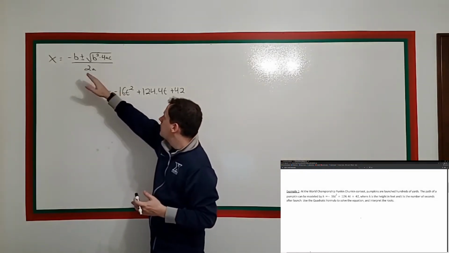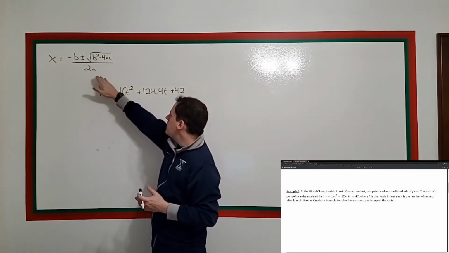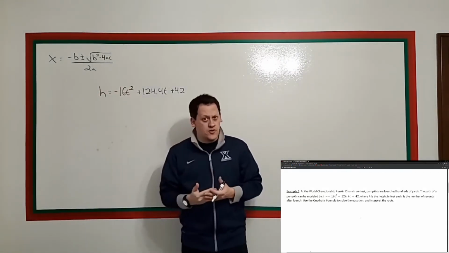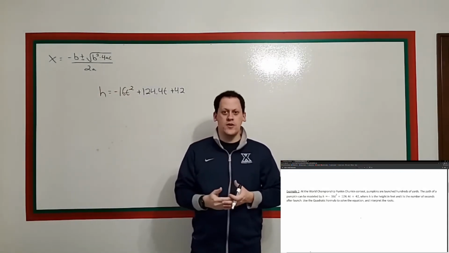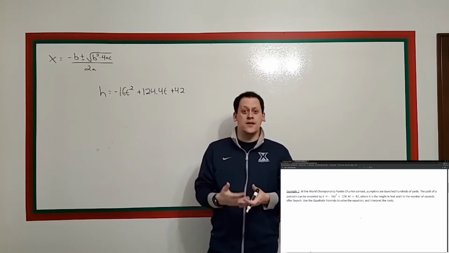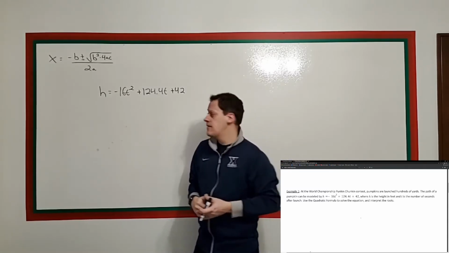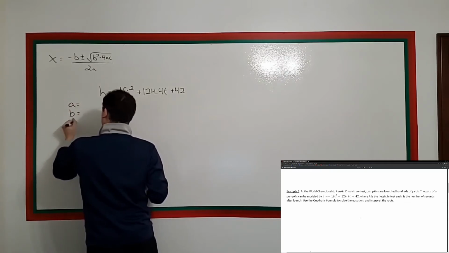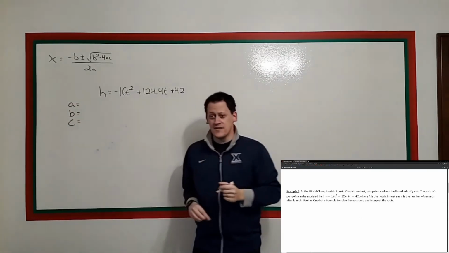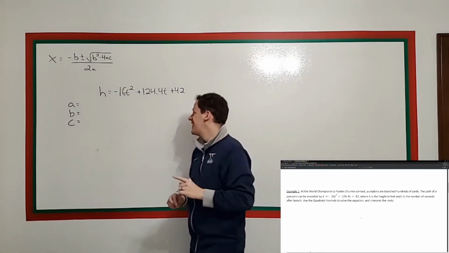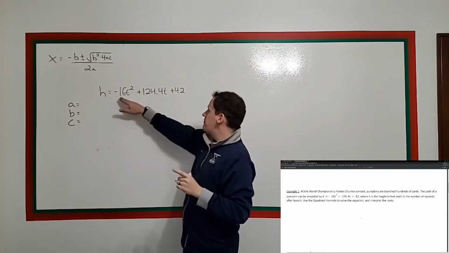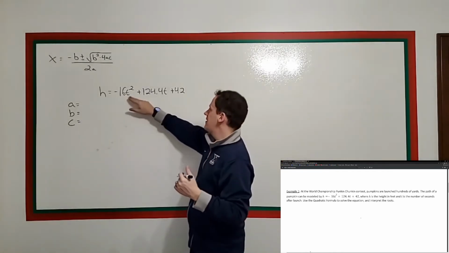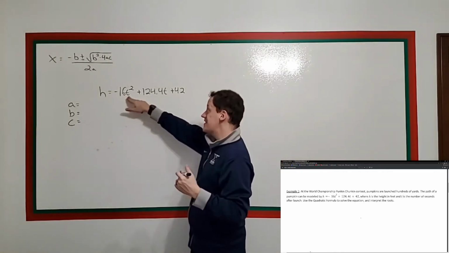In order to use this, we need to know the values of a, b, and c. So anytime that I'm using the quadratic formula to solve a quadratic equation, the first thing I do is write the values of a, b, and c. a is the value in front of, usually it's x squared, but here for this equation, our variable is t.